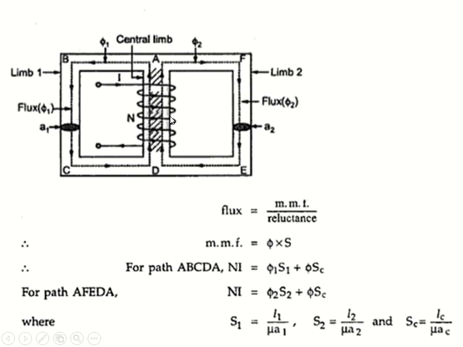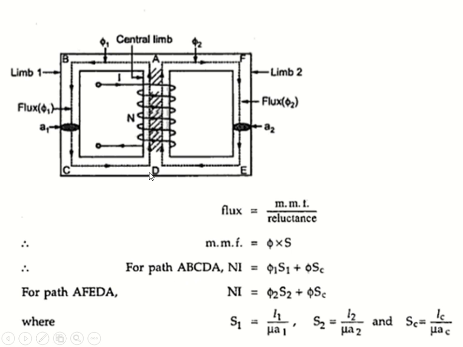This MMF N into I equals phi 1 into S1, where S1 is reluctance and phi 1 is flux. And the central limb contributes phi into SC. Okay, so this is for path A, B, C, D, A.